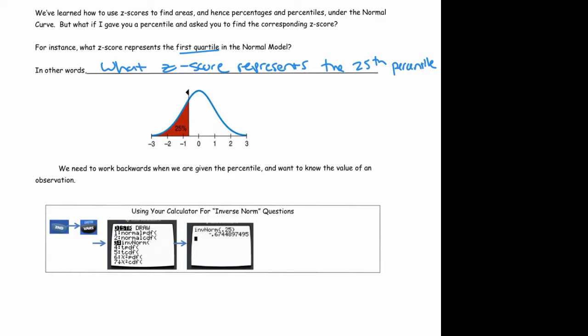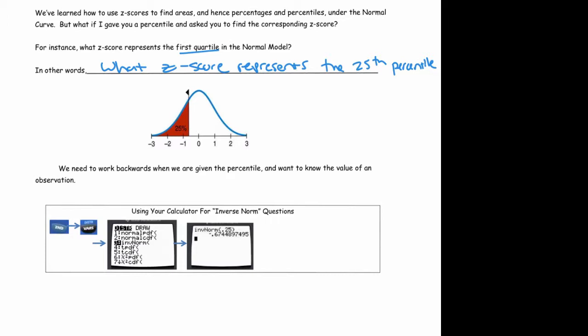So the way this works is a function on the calculator called inverse norm. And we'll get some practice using that. The first thing to point out is if you look at the button diagram I have here, there's only one input. With the normal distribution, you'd have a couple inputs, right? You'd input your first z-score, or 100 or negative 100 if you were going off to a tail, and then the other z-score.